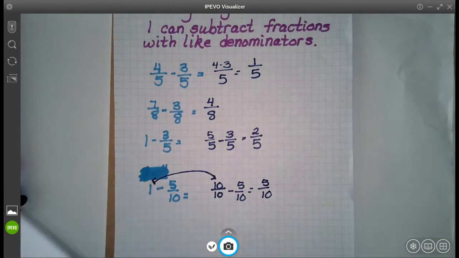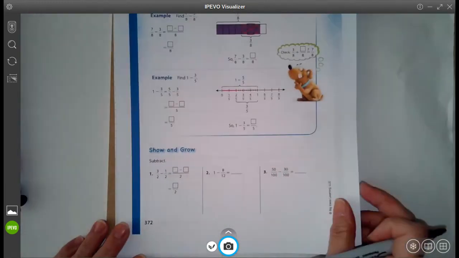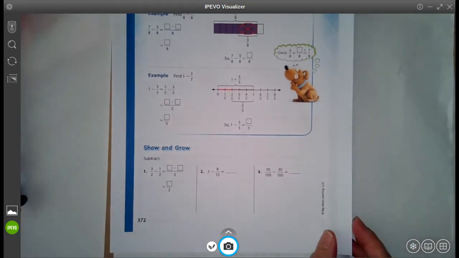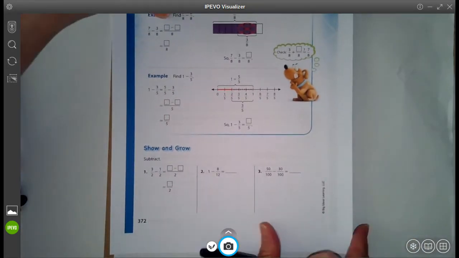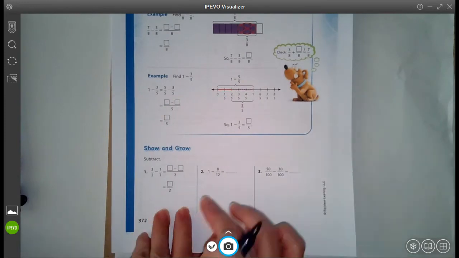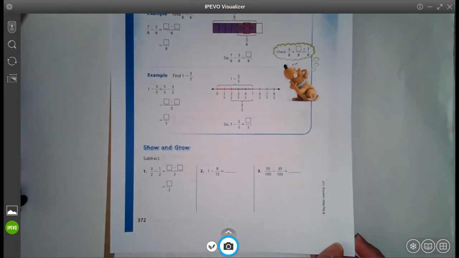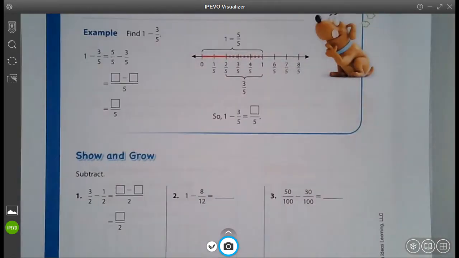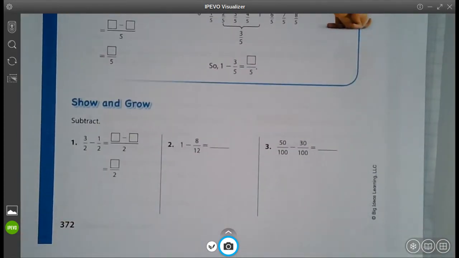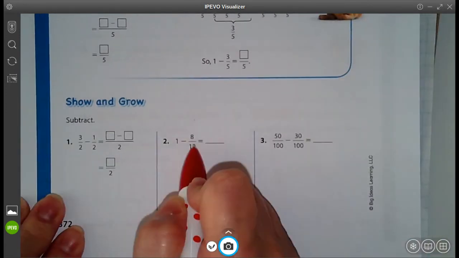That's going to take us to some sample problems. I think I'm just going to do this page, maybe a few problems, and maybe one of the word problems. I'm going to go ahead and zoom in. It's kind of hard to see. All right. I think let's do number 2. 1 minus 8/12.